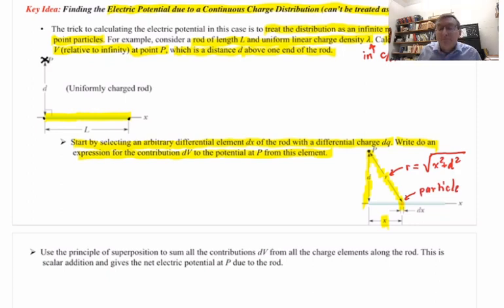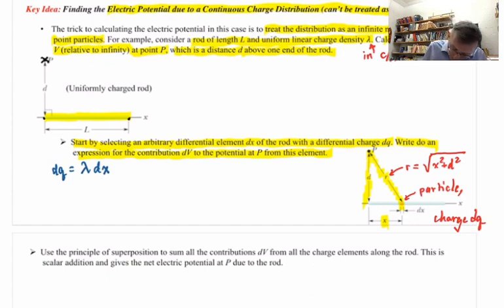That's a particle with charge dq. How much charge is that dq? Well, it's the charge per unit length of the rod, lambda, which is the same everywhere along the rod, times the length of the little piece, which is just dx.